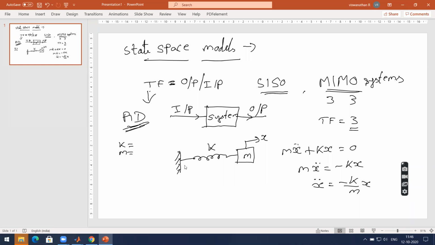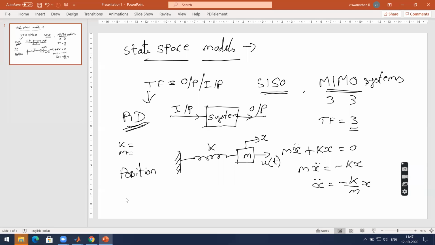The force acting on the mass. What is the output? Displacement, sir. The position. Yes, sir.